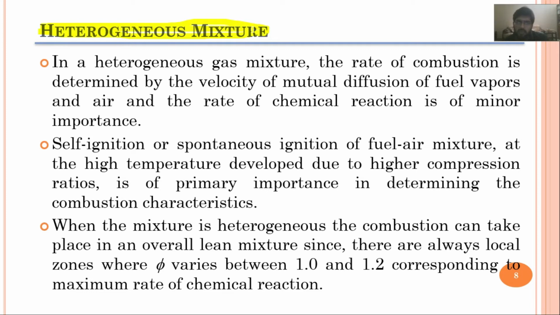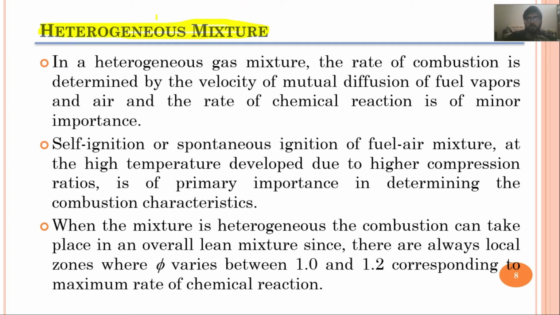But in CI engines we basically have a heterogeneous mixture, because we are only compressing the air and fuel is being injected afterwards. So in CI engines we do not have enough time to prepare a proper homogeneous mixture. Rather we have a heterogeneous mixture, but that heterogeneous mixture is quite close to the homogeneous mixture.